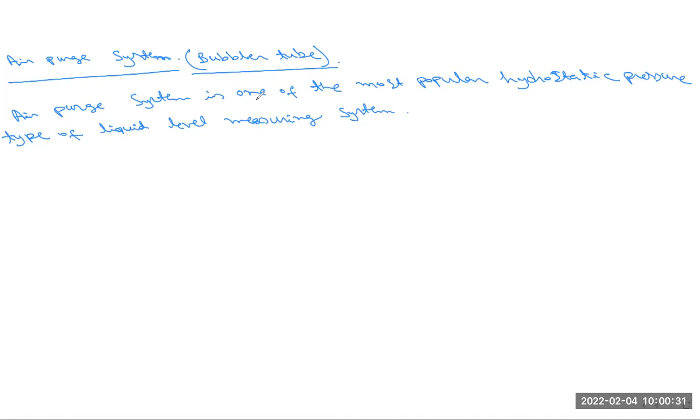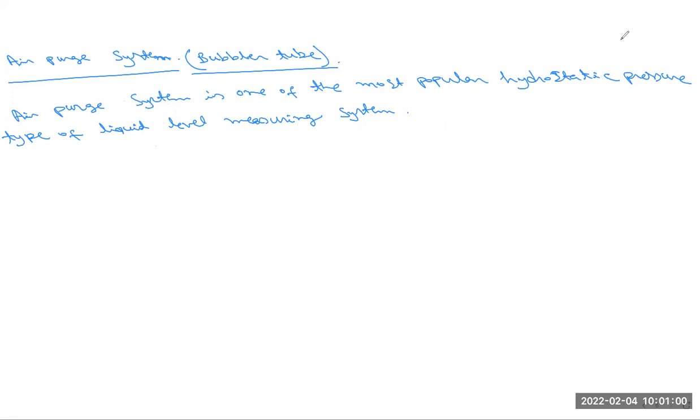It has different apparatus: a pressure indicator, which records the pressure inside, a valve system attached, and a purge tank. We can use this process in an open tank or open vessel as well.